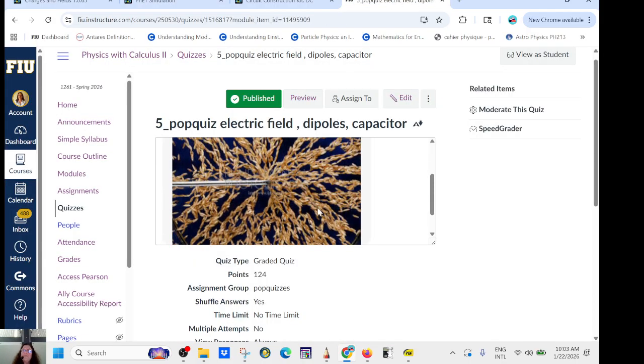So you see, this is charge here. You have castor oil because it's thick. You have those little seeds here and they will get polarized. So they get polarized and there will be a torque applied.